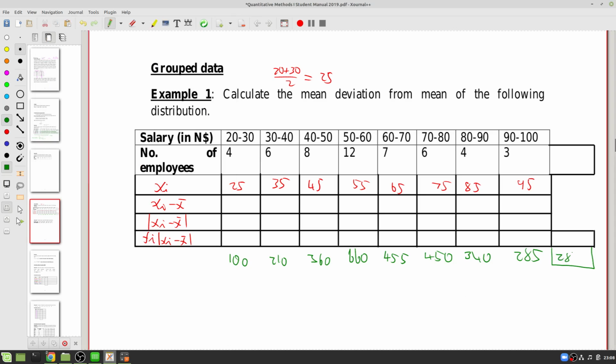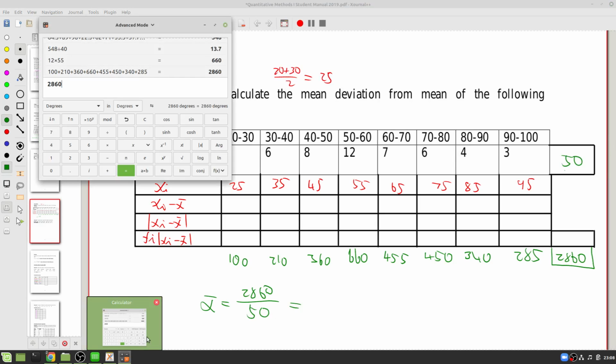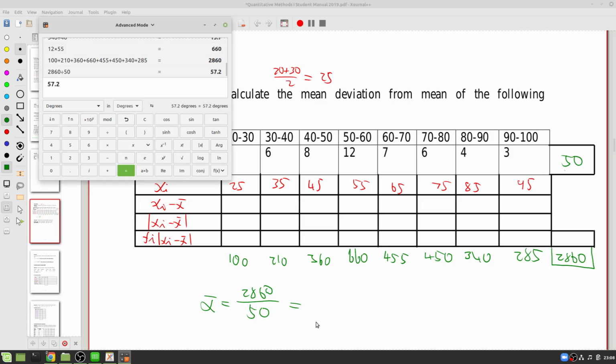Then x bar, the mean, equals 2860 divided by the number of employees. So that'll be this total here. So 4 plus 6, 10, 18, 30, 37, 43, 47, 50. Okay, so we divide 2860 by 50 and we get 57.2.